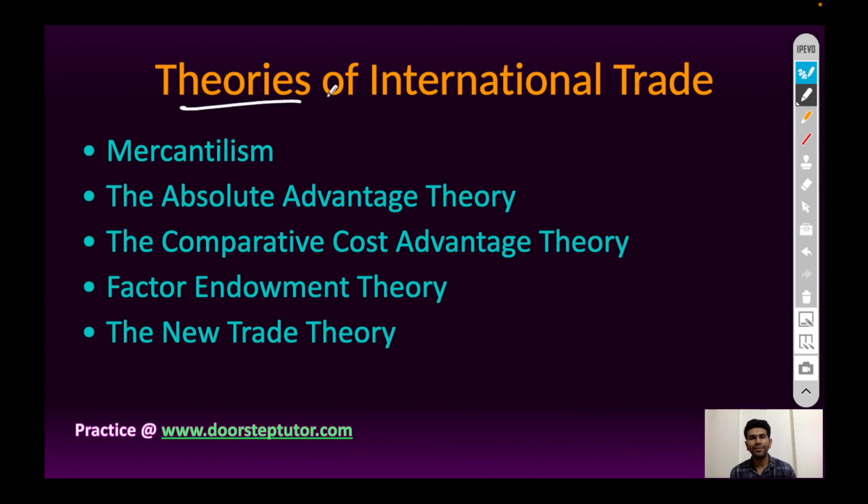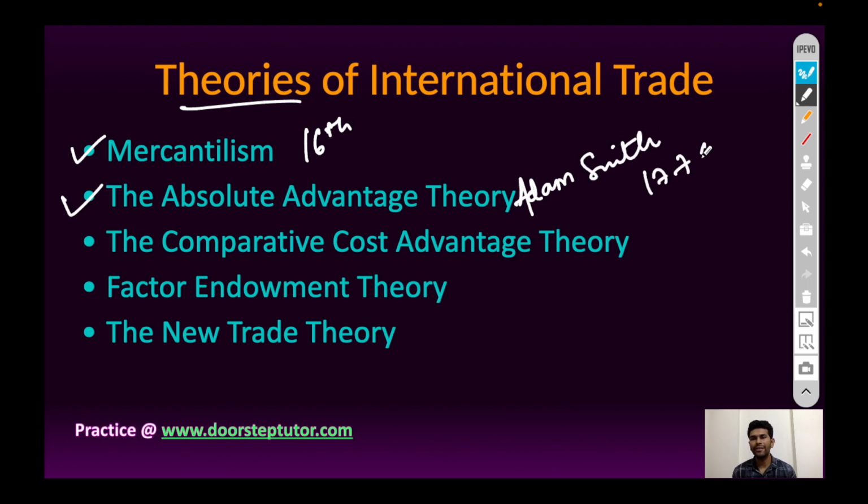Let's discuss various theories on international trade. First, mercantilism. It was created during the 16th century. Then the absolute advantage theory provided by Adam Smith during 1776. Then the comparative cost advantage theory provided by David Ricardo in the year 1817.